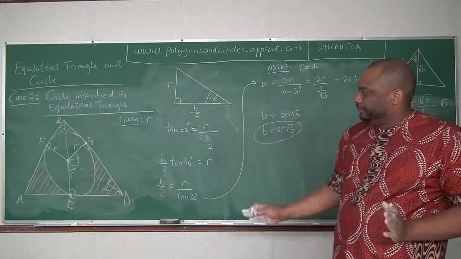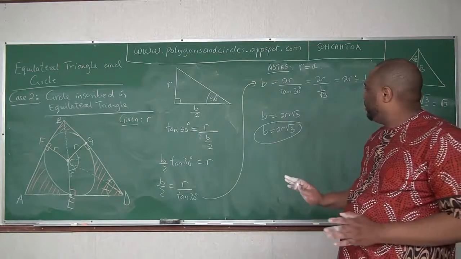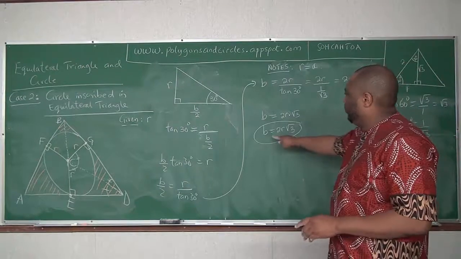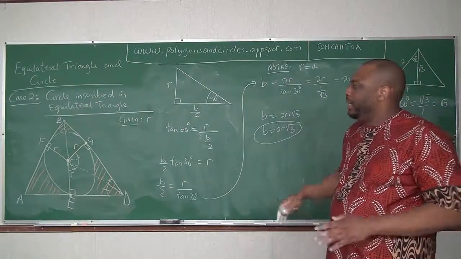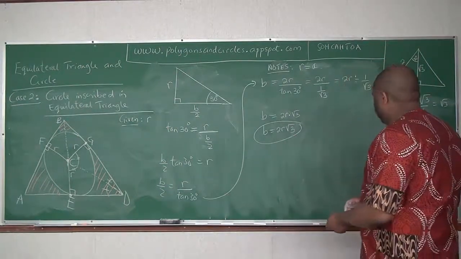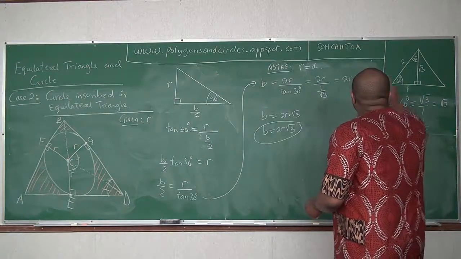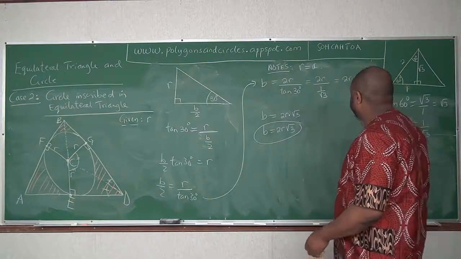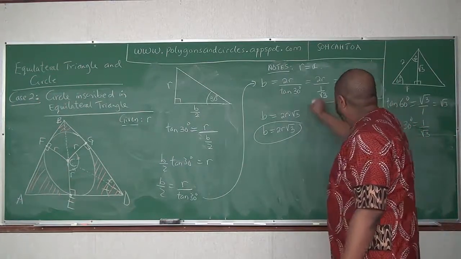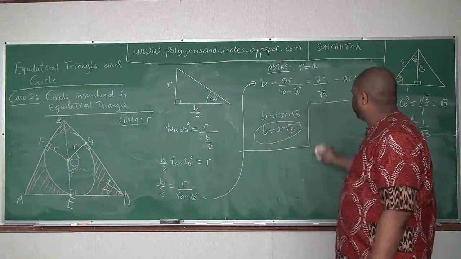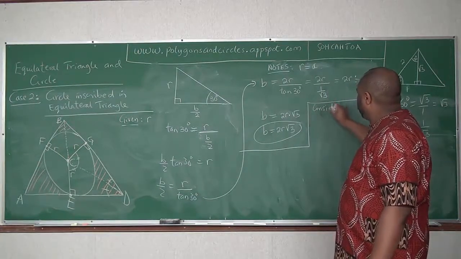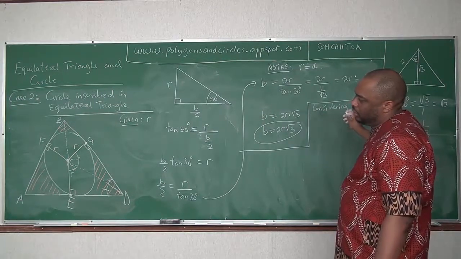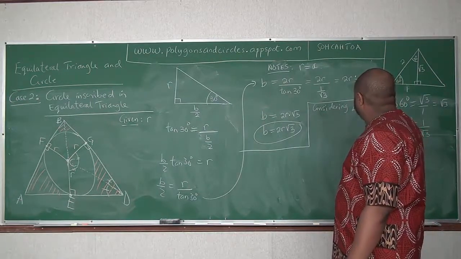Now let us get the height. We were given the radius of the circle, but we now have the base. Let's go ahead and get the height. For the height, we are going to consider triangle BED.